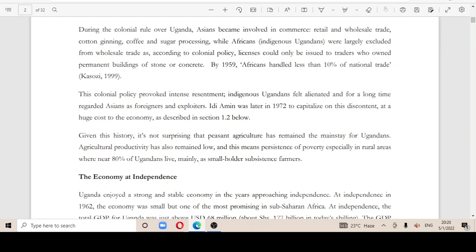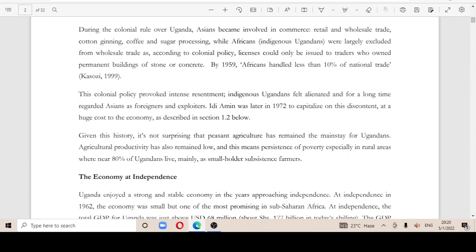But this colonial policy made lots of Ugandans feel out of place. So this is when Idi Amin in 1972 comes in, because he was discontented with what the Asians were doing, and due to his influence in this, it led to a huge cost on Uganda's economy. So we are going to be looking at this later on.